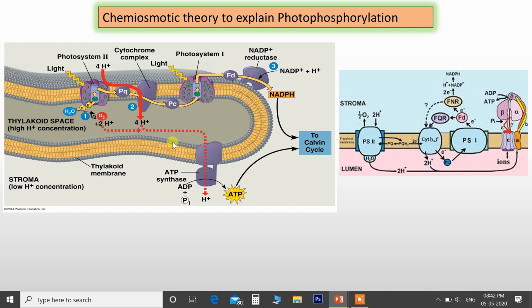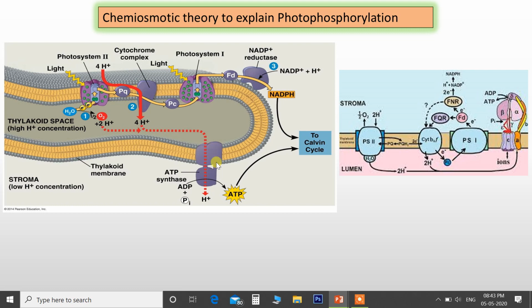Ions cannot traverse the lipid bilayer, so they need a specific channel for their movement. So here there is a special pathway for these protons, a particular particle, the CF0 CF1 particle, in the thylakoid membrane.